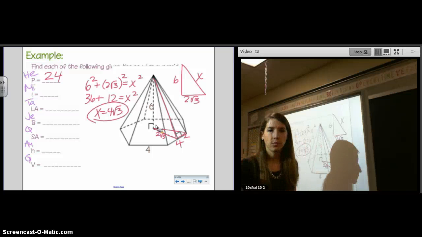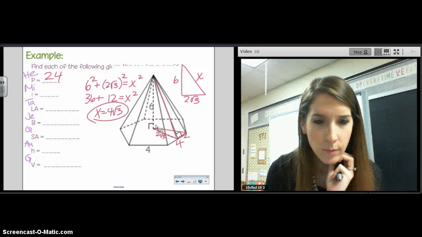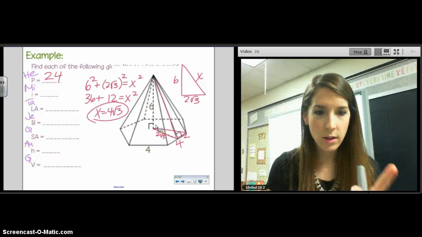Okay, where did I lose you? Good, 4 root 3.